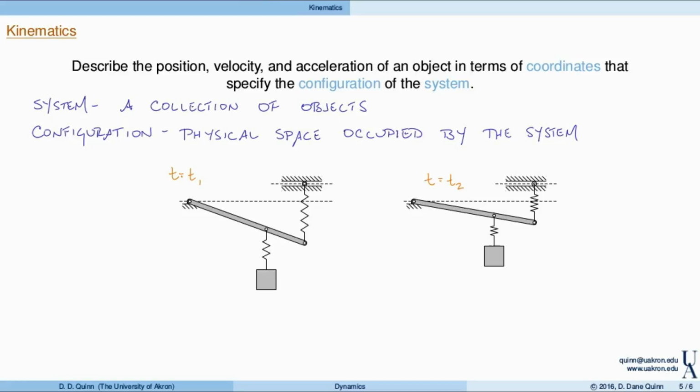Finally, coordinates. This is probably the most important one. Coordinates are measurable quantities. So again, things that can be measured.